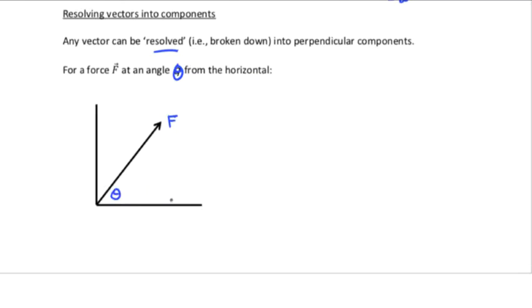So this is my horizontal, and I want to break it down into components, meaning I want to figure out what 2 perpendicular vectors, if one was arranged like this and one was arranged like that, would add to give this vector. I'm going to call this f sub x and this f sub y. By the way, notice that f sub y could also be drawn here on the axes, like that.